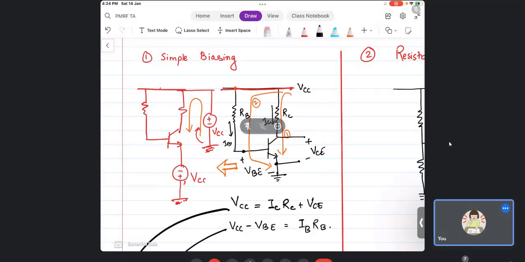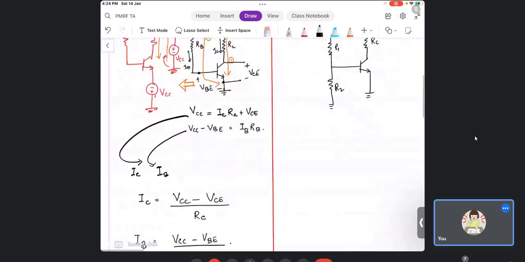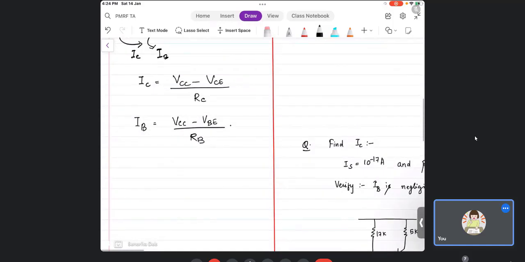Now the next is, for the active region, so we are now solving for the active region because we are talking about amplification. For the active region, IC will be equal to beta times IB. Beta is the current gain. That beta will be given to you.